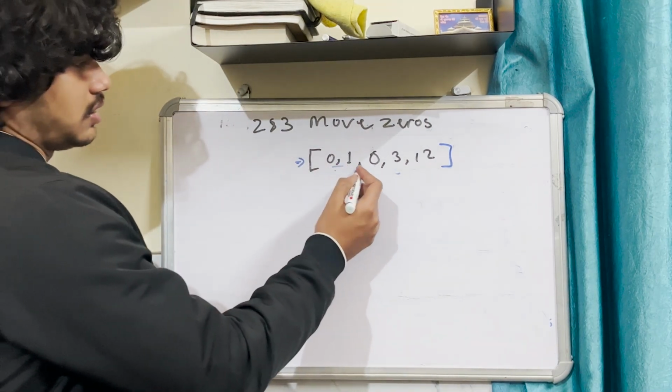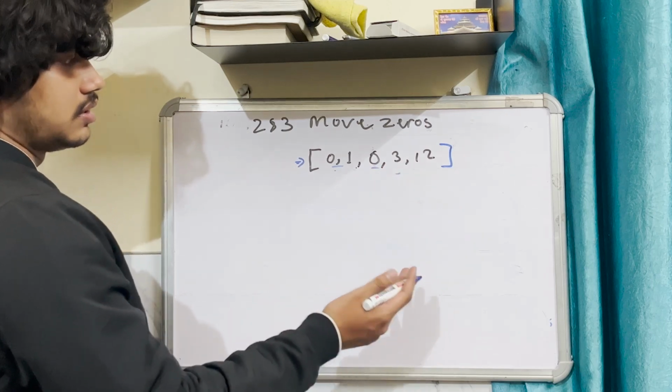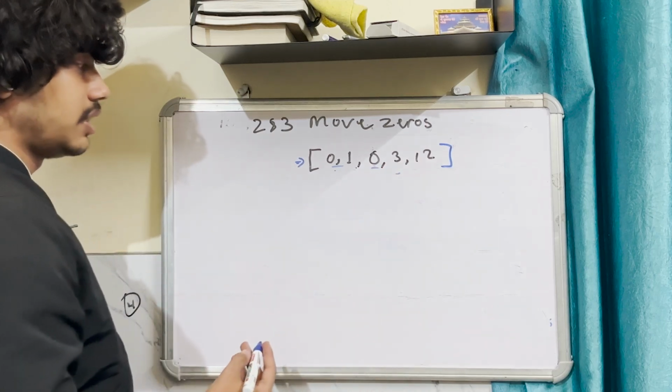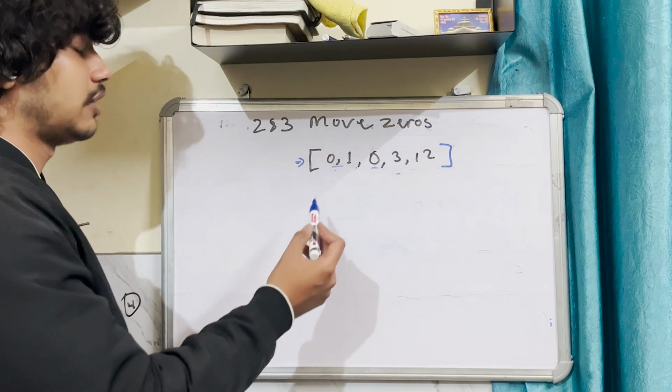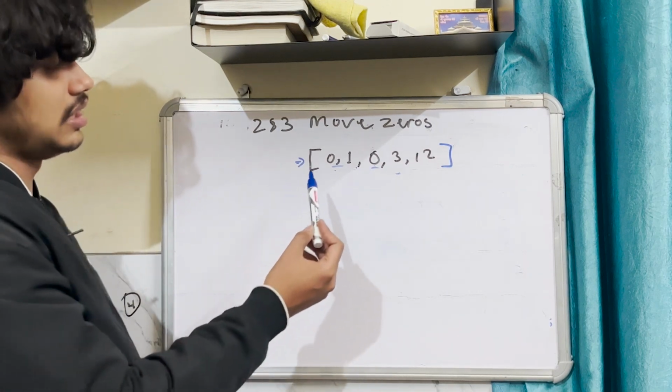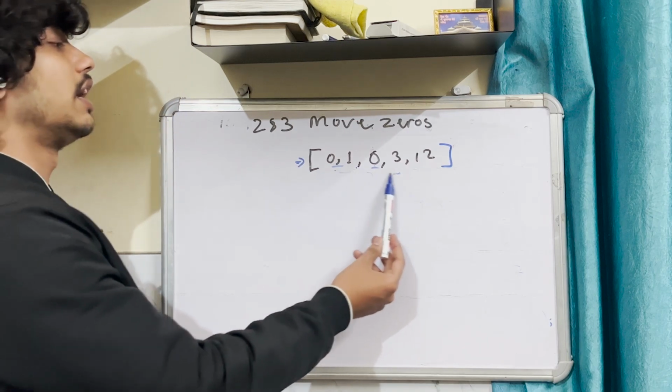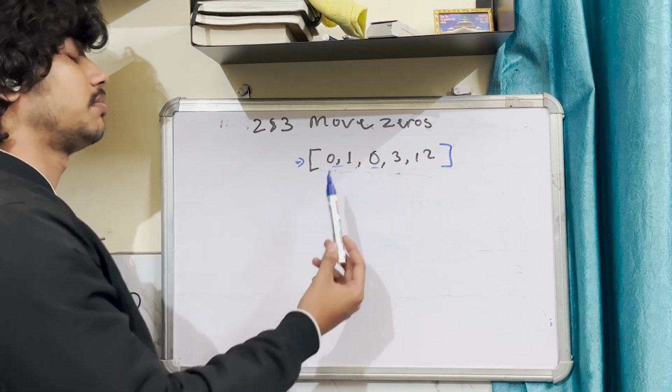The task is to move zeros to the end and non-zero elements to the front. Pretty simple, right? You can note down the positions of the zeros, delete zeros from those positions, and shift the rest up.